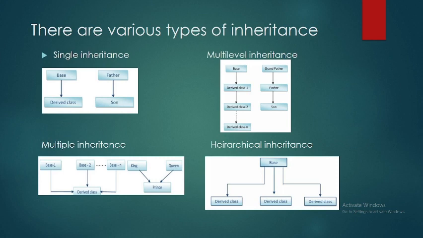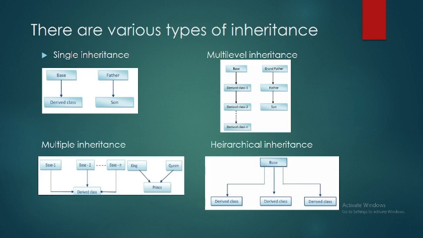In multiple inheritance, there are two or more parent classes and one child class. So the child class will have many parent classes. Now, the syntax for this can be the class name, colon, access specifier, class 1, comma, access specifier class 2, comma, access specifier class 3.